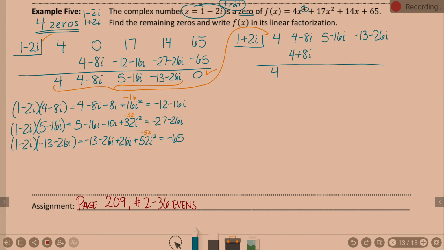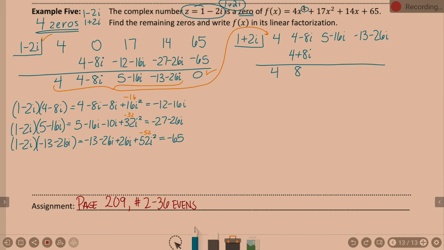How about 8? 4 plus 4 is 8. Yeah. The reals are still there. The imaginaries cancel. Unless I made a mistake. No, you're right. You guys are making me question myself here. And my answer key agrees. Okay, so the reals, 4 plus 4 is 8. The imaginaries, negative 8i plus 8i cancel.